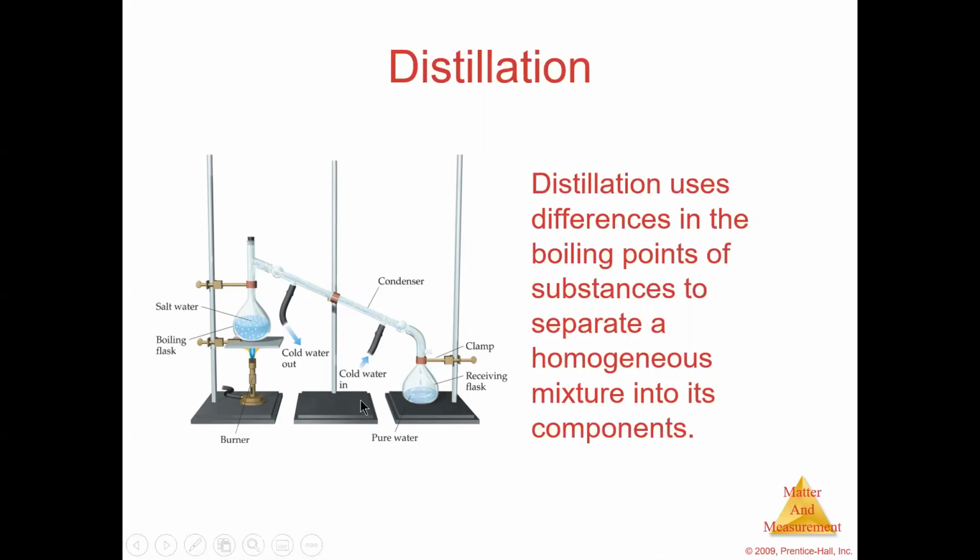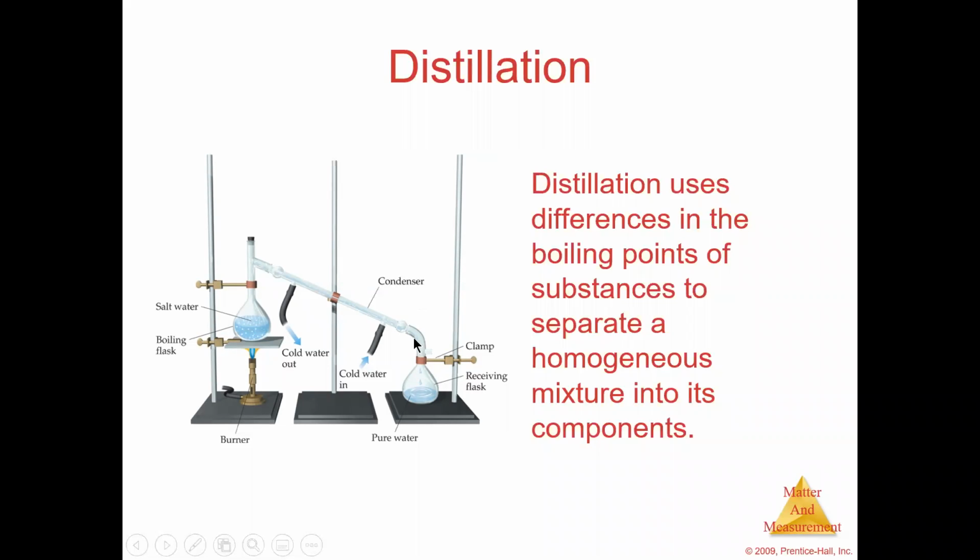It is very energy intensive though. You've got to run that Bunsen burner for quite a while. We know that water has a heat capacity of 4.18, which is a really high heat capacity, meaning it takes a lot of energy to heat it up.